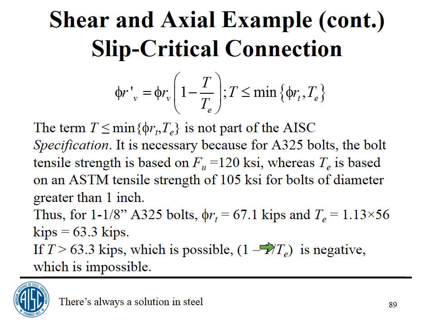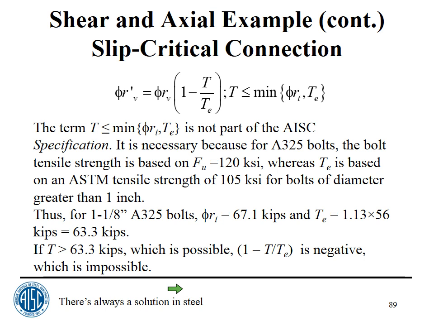If T is bigger than 63.3, and it could be, because all it needs to be is less than 67.1. So if I'm at 65 in here, I'd have 65 over 63.3. I'd have that subtracted from 1. It's going to give me a negative number, which is impossible.